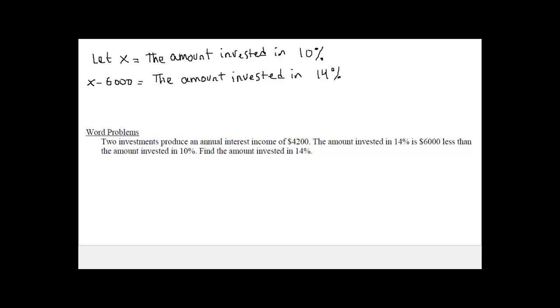Okay, can somebody tell me what would be the next step here? Would you just set up the equation, so it'd be x plus x minus 6,000 equals the total of 4,200?